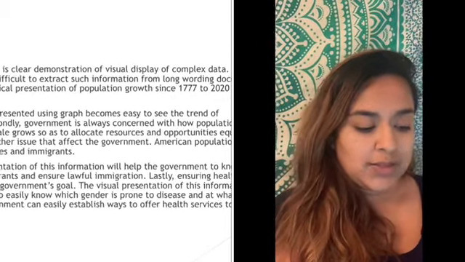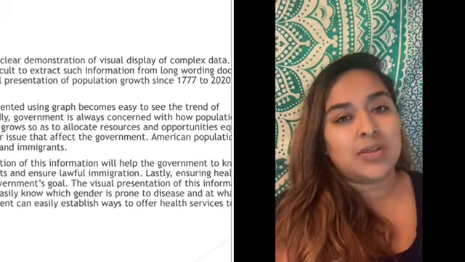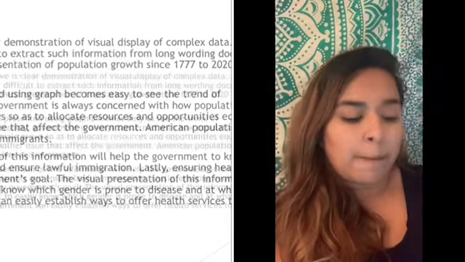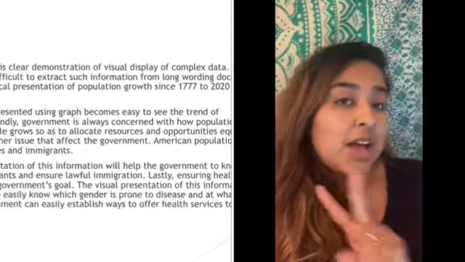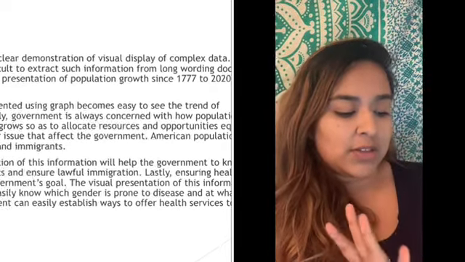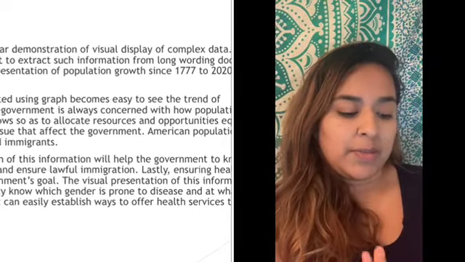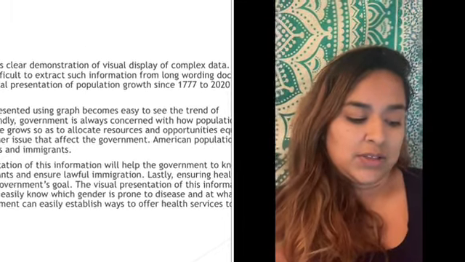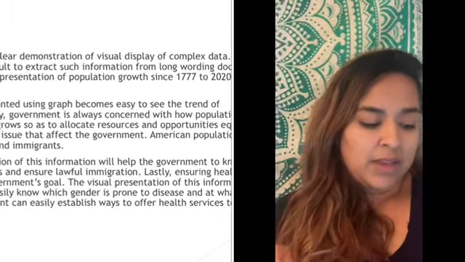However, when presented using graphs, it becomes easy to see the trend of population growth. Secondly, government is always concerned with how the population between male and female grows, so as to allocate resources and opportunities equally.